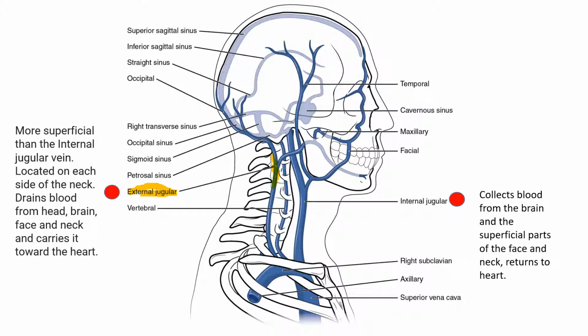So anyway, you have the veins: the temporal, maxillary, facial, the right subclavian. Subclavian simply means that it's going underneath the clavicle. Sub meaning under. All right. You have the occipital, occipital sinus, sigmoid area.